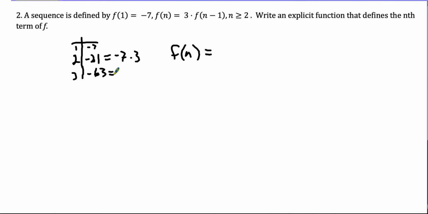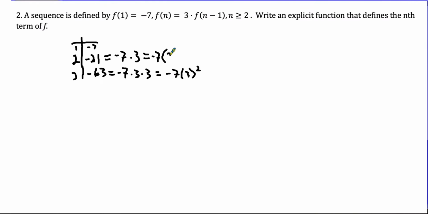And then I can write -63 as my starting term times 3 times 3. And then the next one I could write as -7 times 3 times 3 times 3. Or another way of writing that would be -7 times 3 to the second power. This one I could even write as -7 times 3 to the first power.